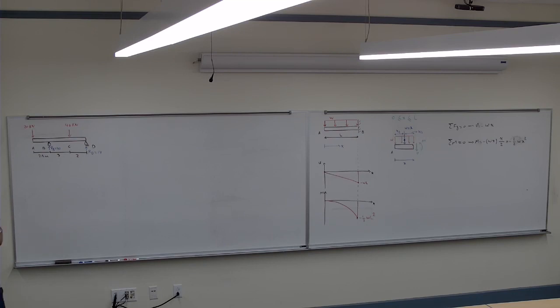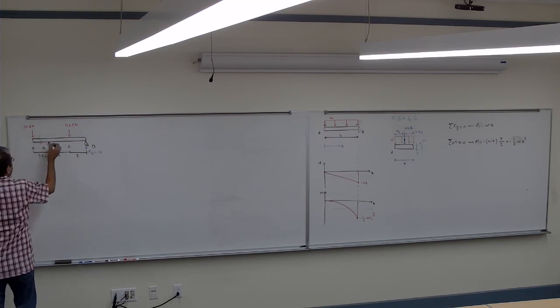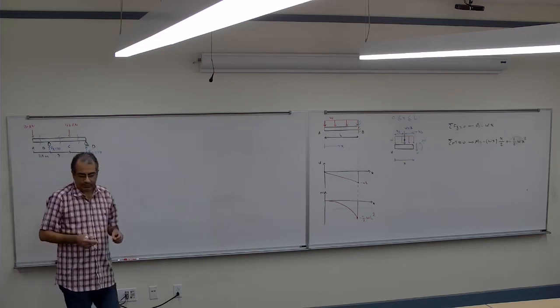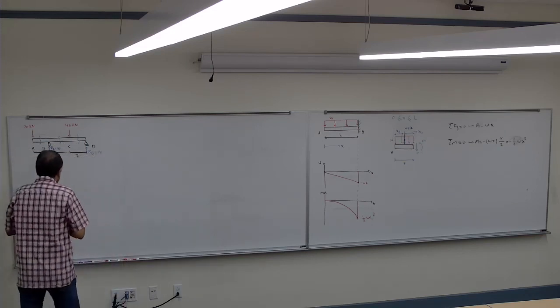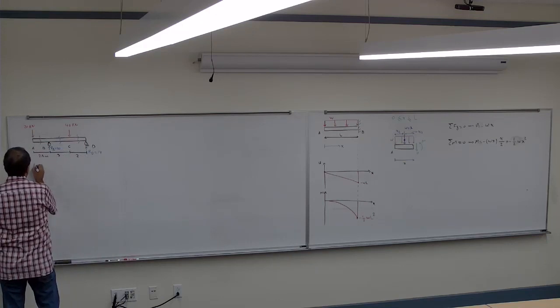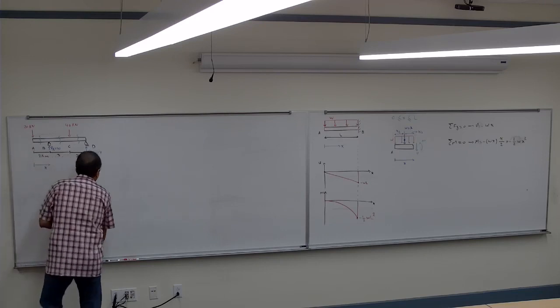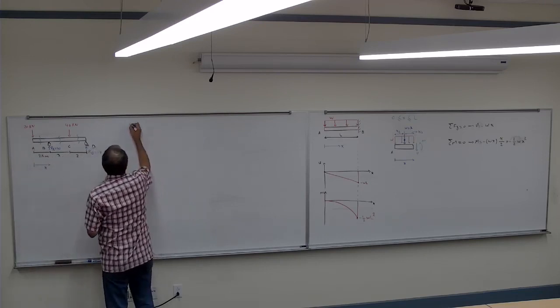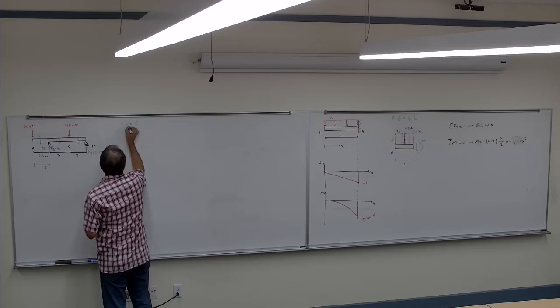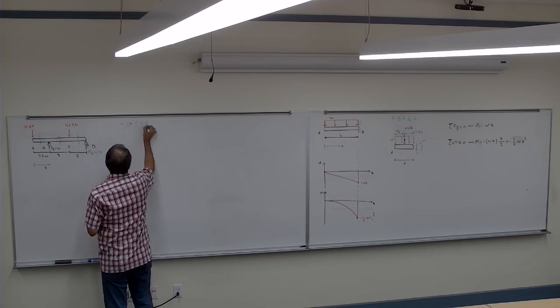So I have to cut it somewhere here, I have to cut it somewhere here, I have to cut it somewhere here. So I'm going to again establish the X at the very left side of the beam. So first the X would be between 0 and 2.5.